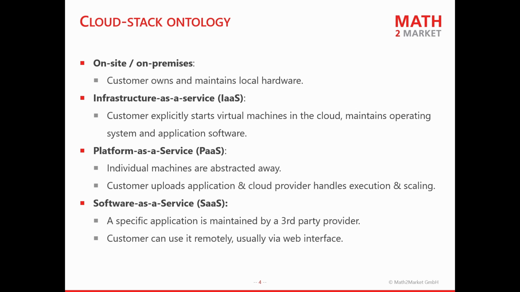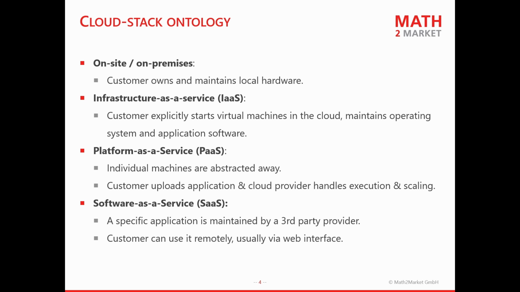Next, we have infrastructure as a service, or IaaS. Here, a customer explicitly starts virtual machines in the cloud, and maintains the operating system and the application software running on these machines. The next abstraction level is platform as a service, PaaS. Here, the individual machines are abstracted away. The customer basically uploads applications and the cloud provider handles the execution and scaling automatically.